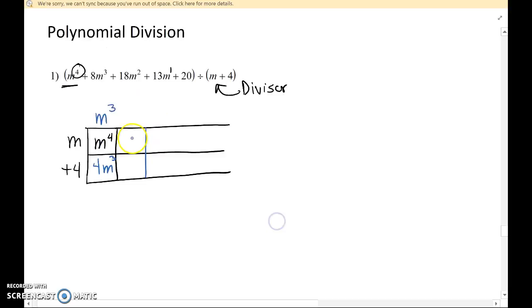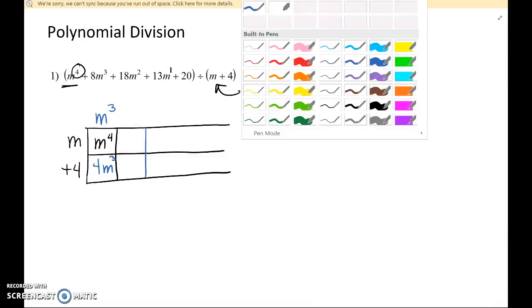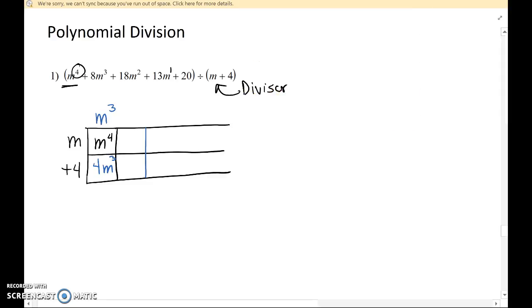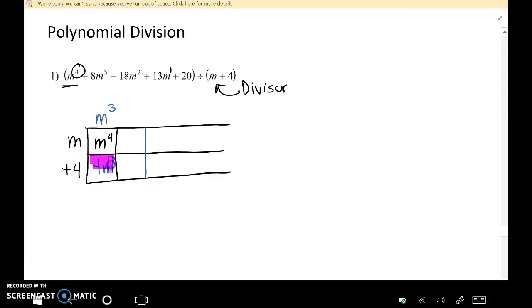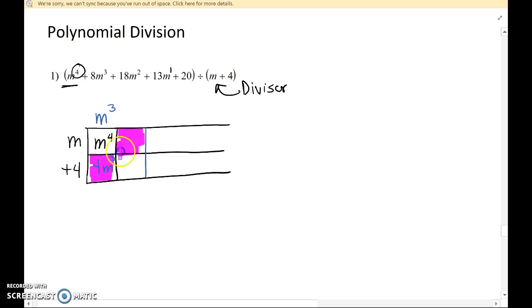All right, so our next box, or this box here and this box here on the diagonal, are going to have a sum of our next term, which I have highlighted. And so 4m plus 4m cubed gives us an 8m cubed.